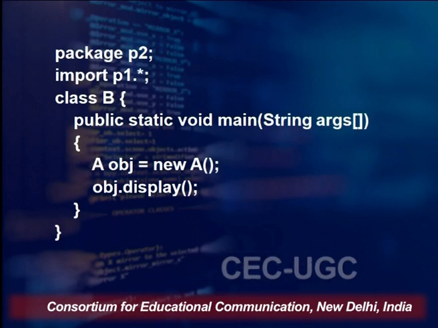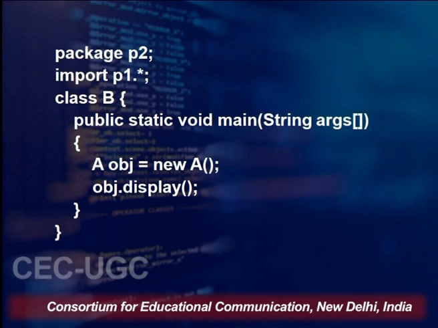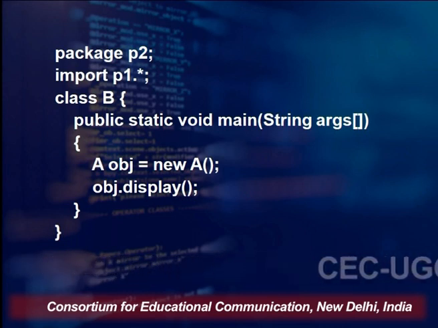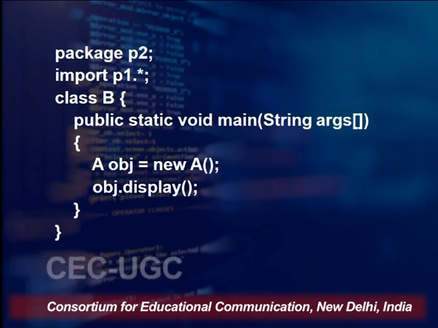Then we start the next package, which is package P2, and we have imported P1, and here within the main function, if I create an object of class A as A obj = new A, this is a perfectly valid statement, because class A being public can be accessed here.